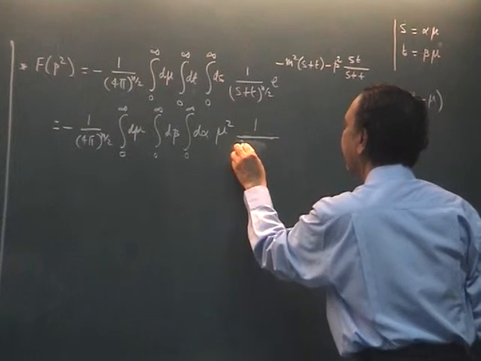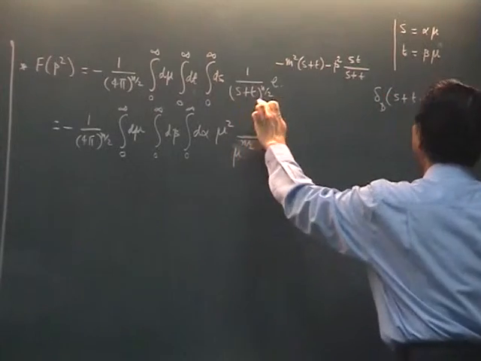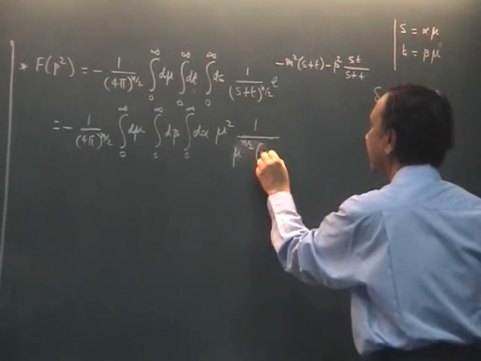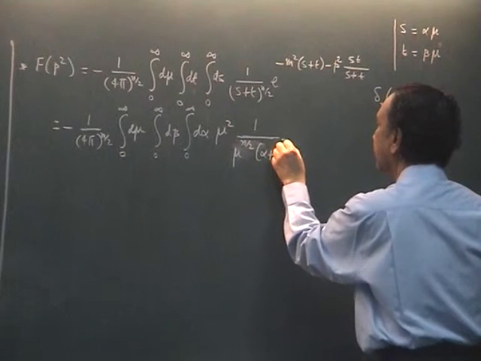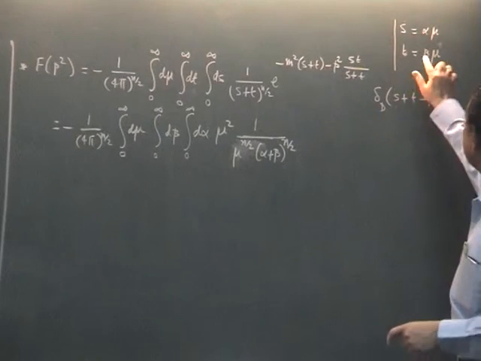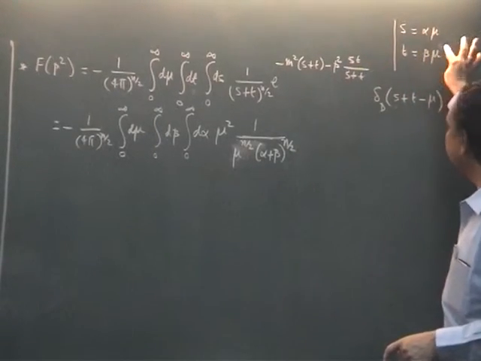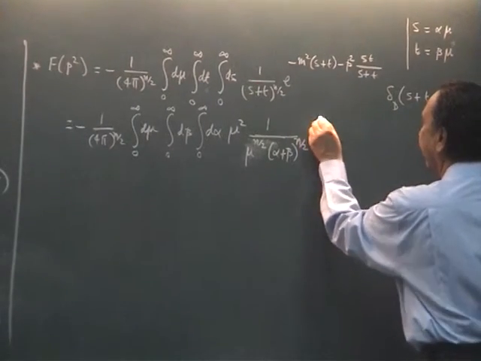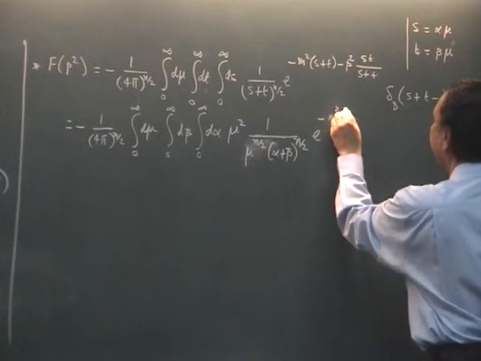Mu to the power n by 2. Then s plus t, this is unnecessary, but we will do it this way. Alpha plus beta is going to be unity. So alpha plus beta to the power n by 2. Okay, so I had just written s plus t as alpha plus beta times mu and write this thing. So e to the minus m square.